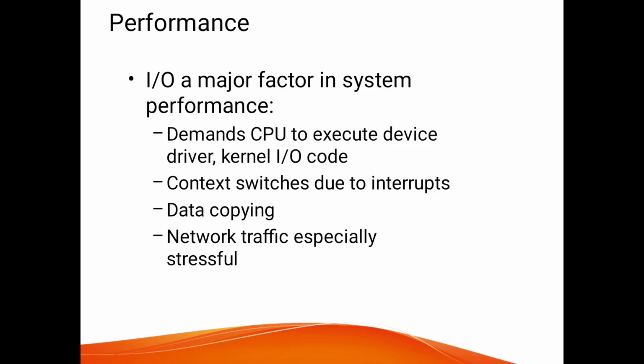The performance of the I/O system is measured by the demands on the CPU to execute the device driver and kernel I/O code, and the context switching due to interrupts and data copying.